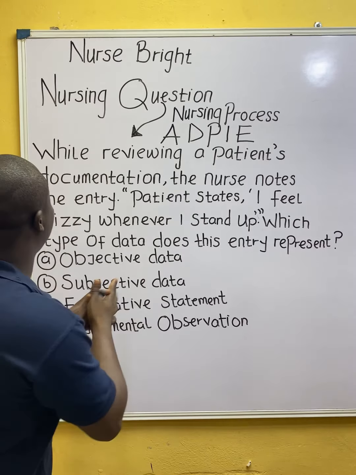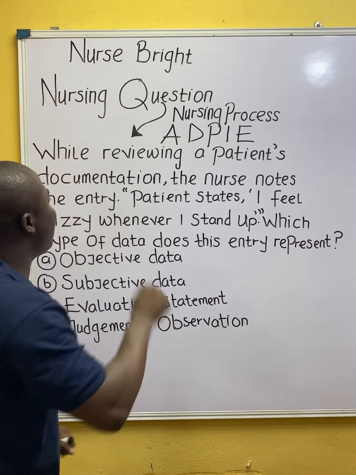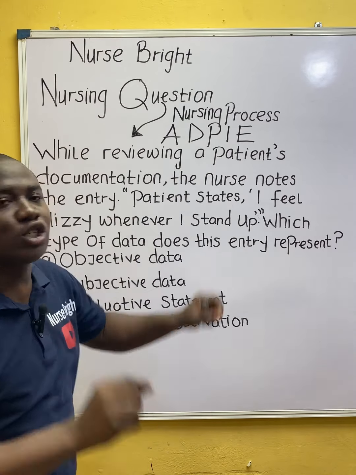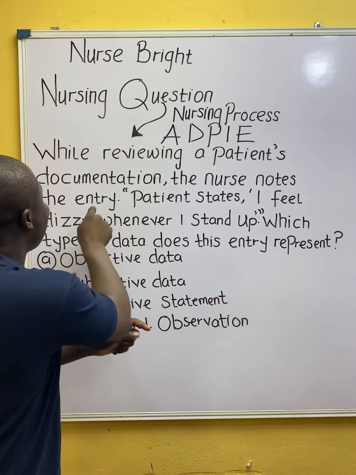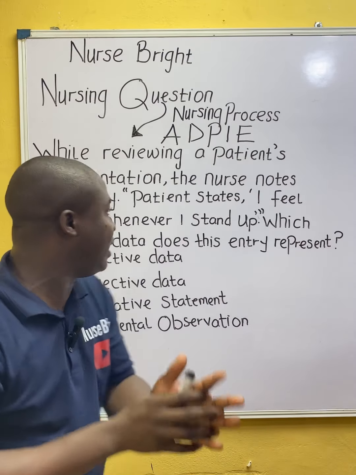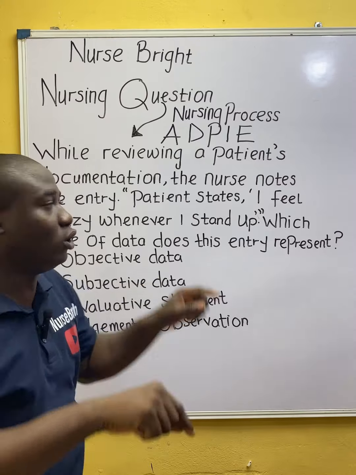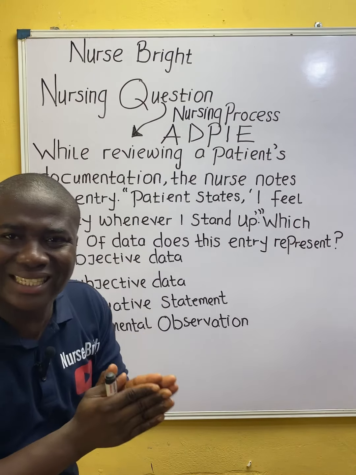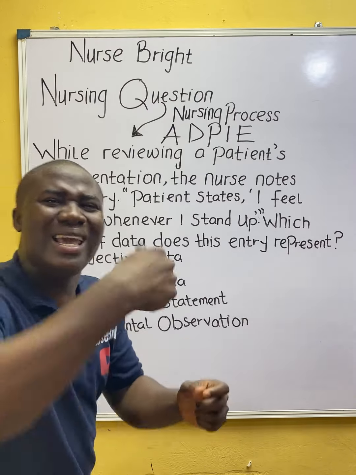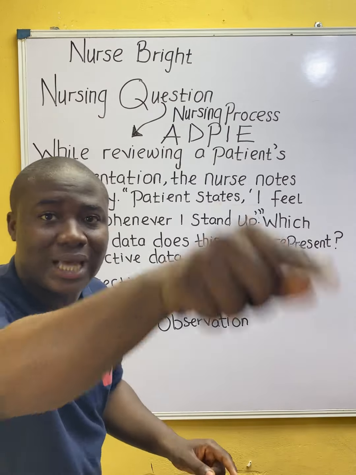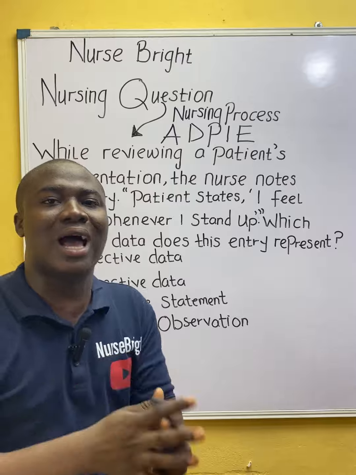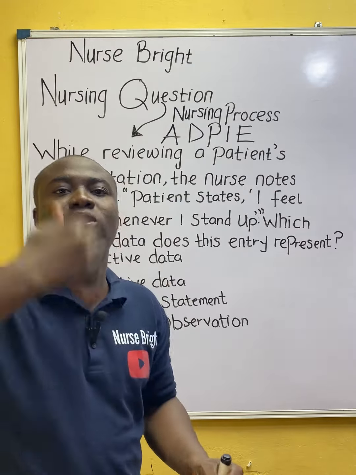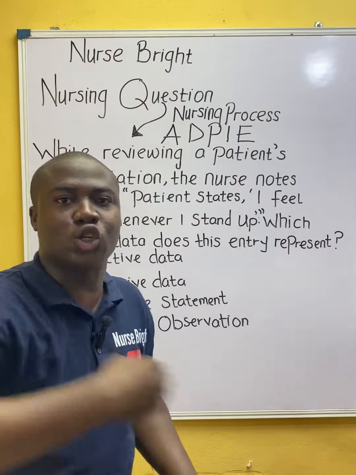From the question, it says, while reviewing a patient's documentation, the nurse notes the entry. An entry is like a written note. And what is in that written note? The patient states that "I feel dizzy whenever I stand up." So it is the patient that is telling you that information, and I told you that subjective data are those data that the patient reports or says.